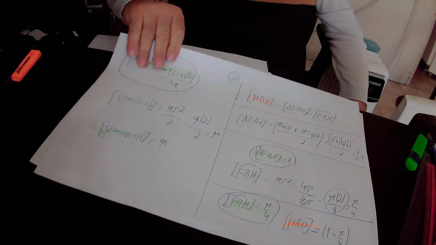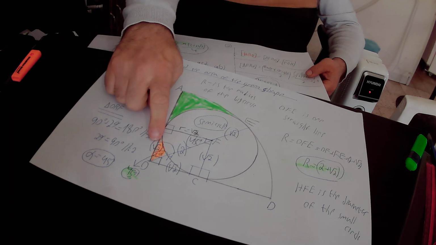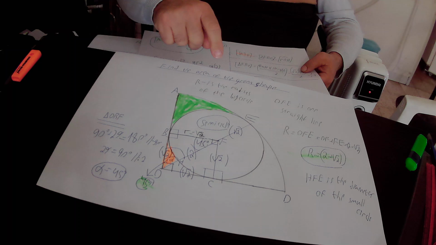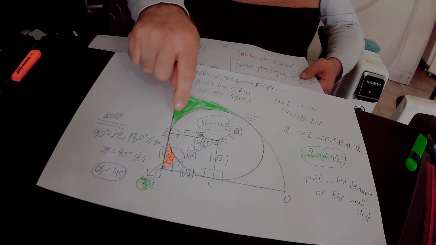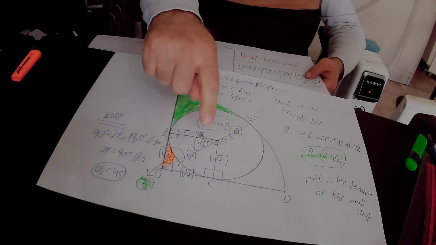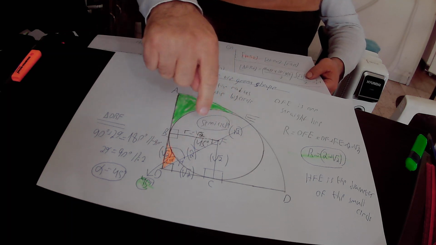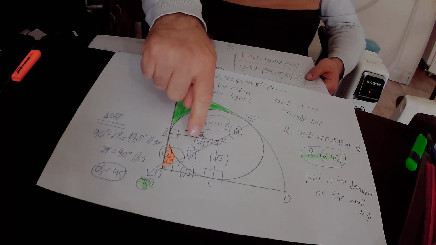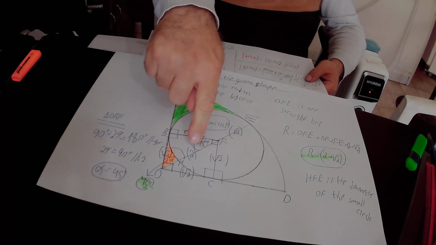And finally, we find the area of this orange shape HBO. From the drawing, it is easy to see that the area of the orange shape HBO equals the area of the right triangle FBO minus the area of this small sector FBH.